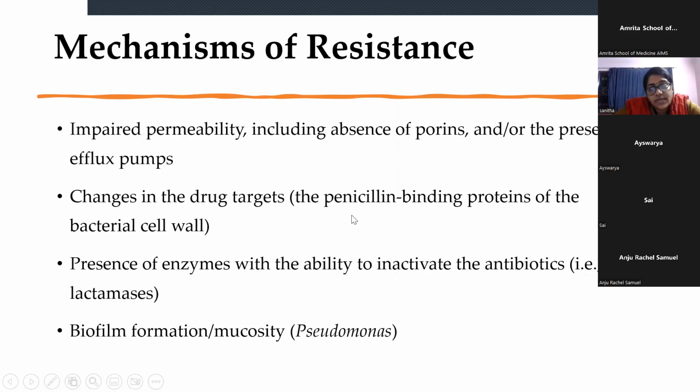There can be alteration in the shape of penicillin binding proteins, so the beta lactams can no longer bind to the penicillin binding protein, for example, methicillin resistance. Then there is the presence of enzymes able to inactivate the antibiotics, that is beta lactamases. Then for Pseudomonas, there is biofilm formation that prevents the entry of antibiotics to the core of Pseudomonas.